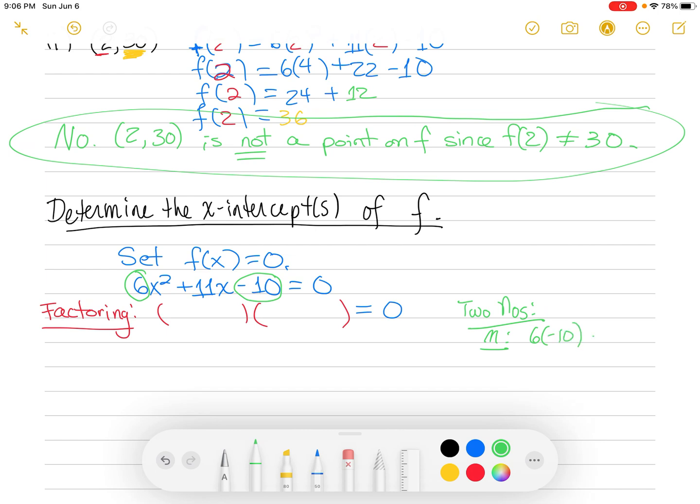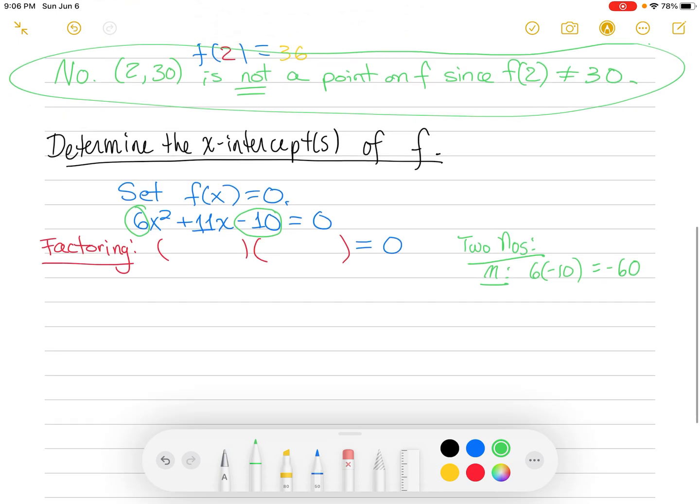Well, it's negative 60. I'm going to find 2 numbers that multiply to give negative 60 and add to give this middle number right here, which is positive 11. So if you can find 2 numbers that multiply to give you 6 times negative 10, negative 60, and add to give you the middle number, positive 11, then you're in good shape.